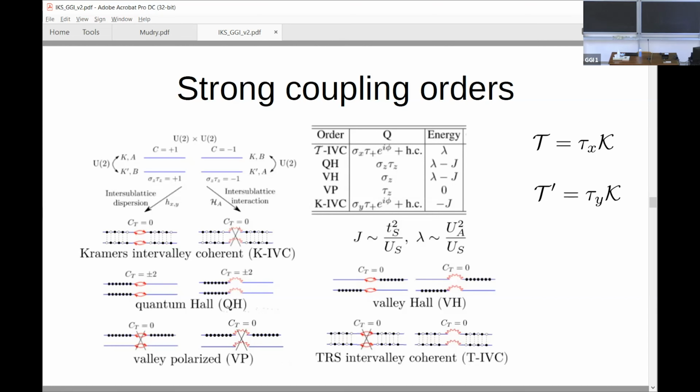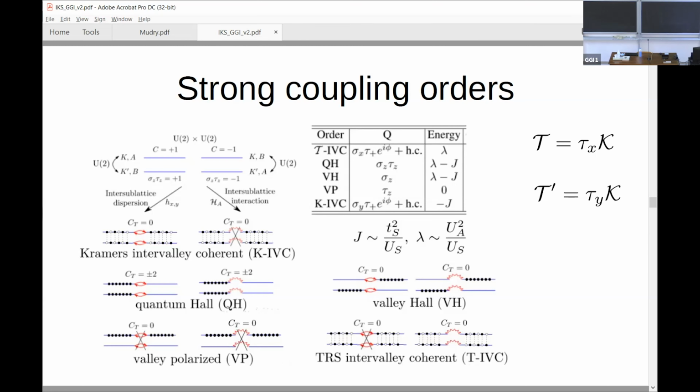The first way I could do it is just fill the two Chern number +1 bands. And this will give me this quantum Hall state shown here. But I could also fill the two K-valley bands, the two bands up here, and end up with a valley polarized state, which is shown down here. Or the third option is I could fill the two sublattice polarized bands on the B sublattice, these diagonal bands, giving me the so-called valley Hall state.